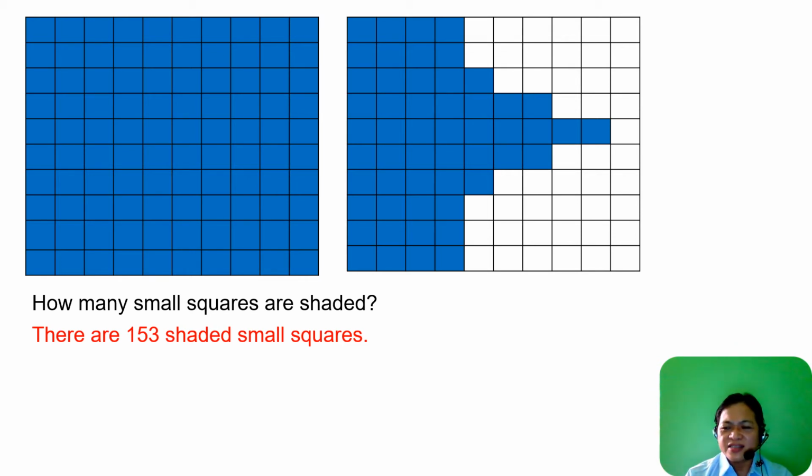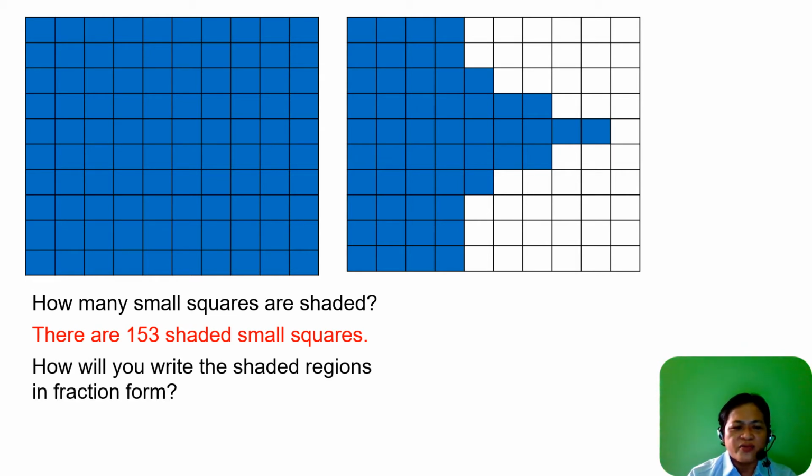So what is the fractional part of the shaded regions? How will you write the shaded regions in fraction form? Very good. There were some who answered 153 over 200. There were also some who answered 153 over 100.